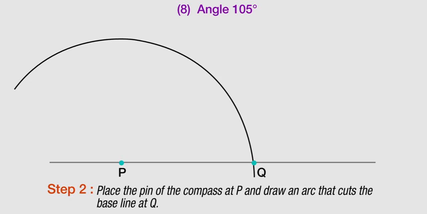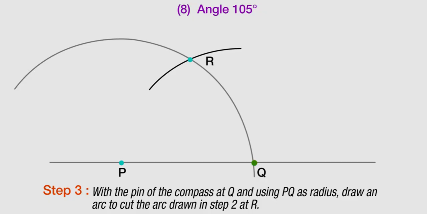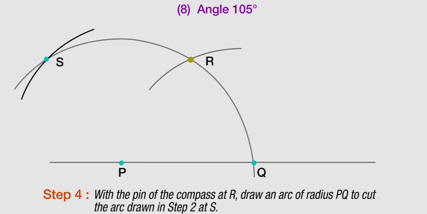With your compass point at Q and using PQ as radius, draw an arc to cut the arc drawn in step 2 at R. Step 4. With your compass point at R, draw an arc of radius PQ to cut the arc drawn in step 2 at S.